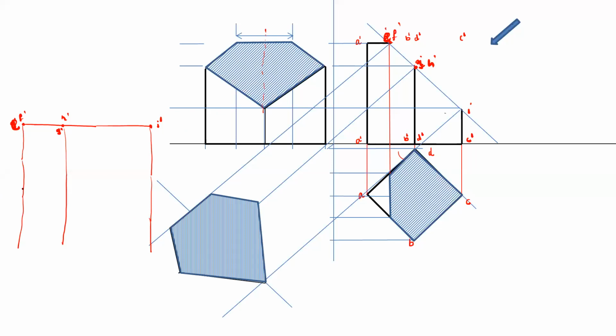So from this point, just measure this distance between point E and F. So this is point E and this is point F. Similarly, measure the distance between these 2 points, which is G and H, and this is the point I. So in this way you can draw the true shape.